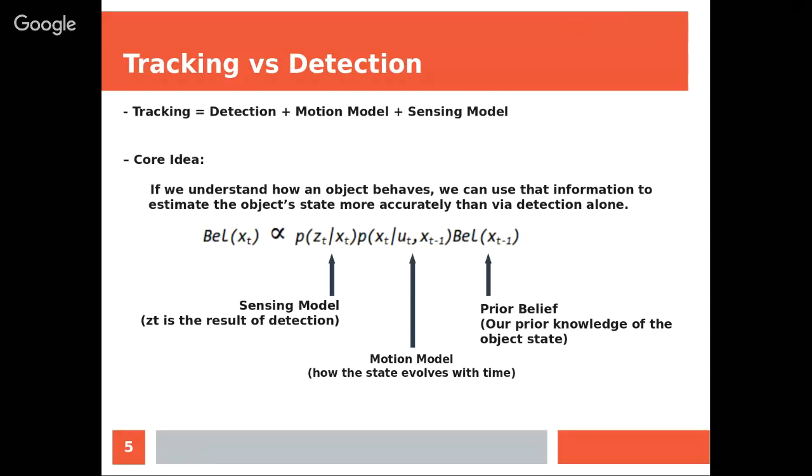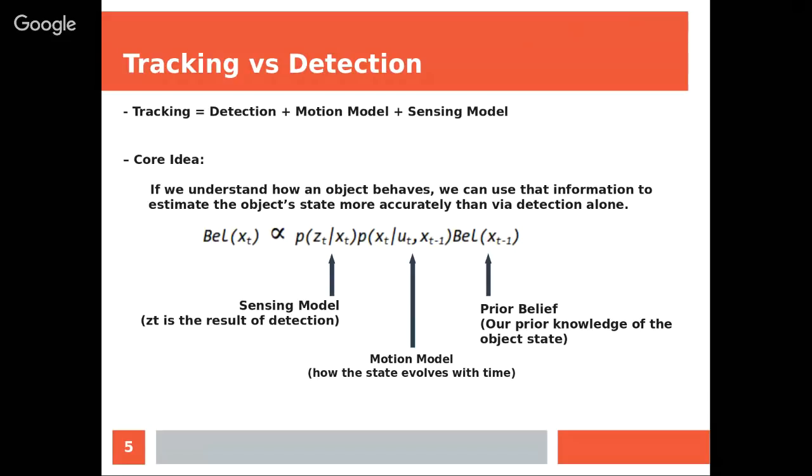Then we're going to move the particles, which is equivalent to multiplying by this motion model term. By moving the particles in accordance with the motion model, in particular, moving them including a random factor that mirrors the probability of reaching the new state, we get a new distribution that includes this contribution from the motion model.